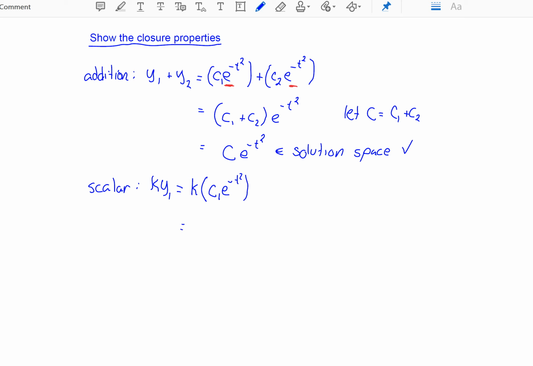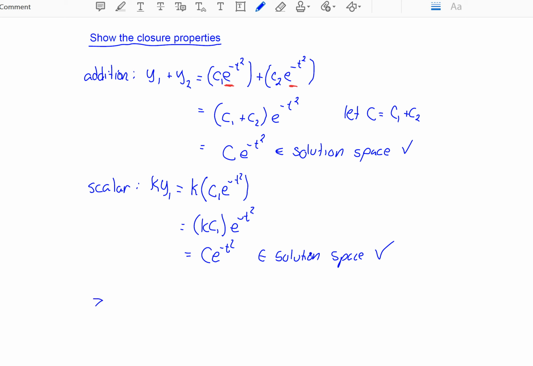Of course, we can reassociate these parentheses and call this k c1 times e to the negative t squared, or just call this c e to the negative t squared. But notice that this is still an element of our solution space. Check.